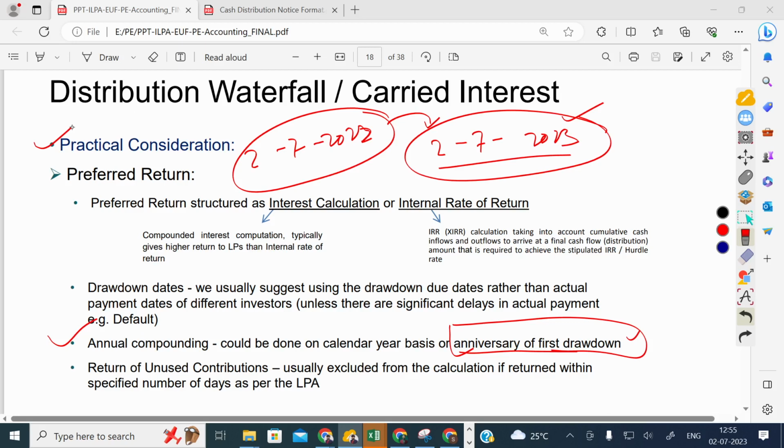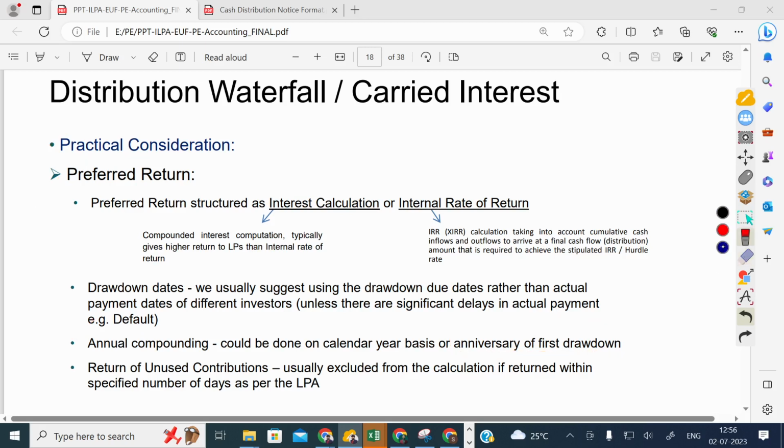Also you should always look for practical considerations. Otherwise, once you calculate it, that won't be a proper or accurate way. So always ensure that as well. On anniversary, you might expect a question in your interview process about when you can compound the interest rate. Of course on anniversary, or you can also follow calendar days.